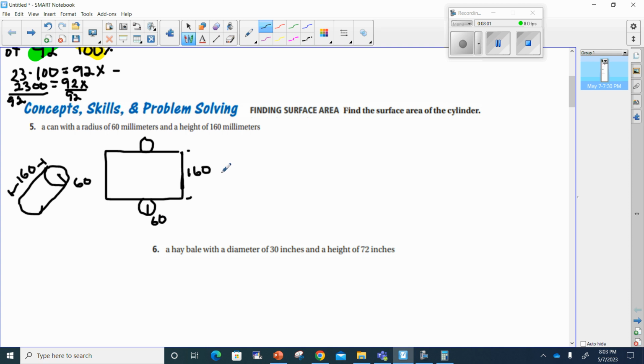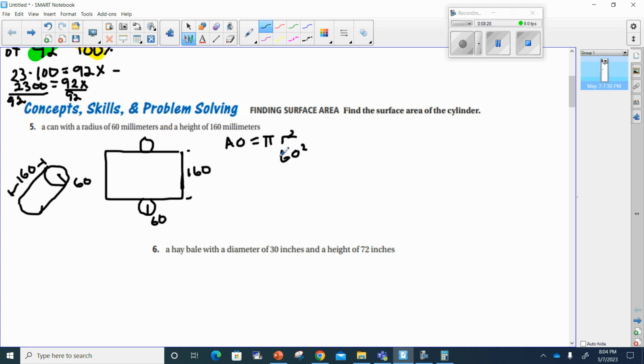All right, so now we're going to go ahead and find this. First thing I want to find are the circles. I know the area of a circle is pi r squared. So the area of a circle equals pi r squared. Well, we know what r is. The radius is 60. So we're going to replace r with 60 and square it.